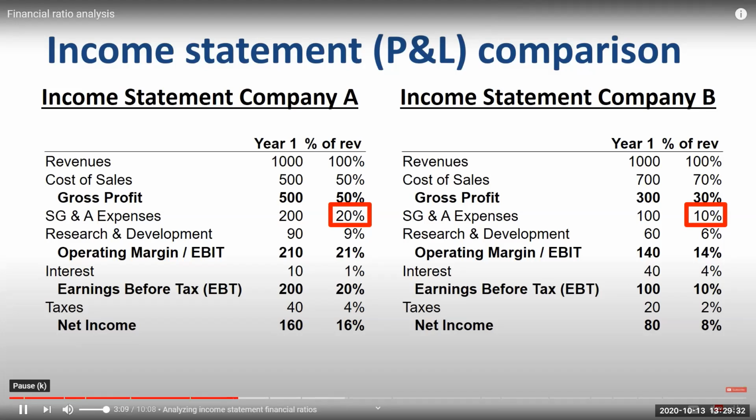Could Company A be overspending in SG&A, or is Company B underspending? Hard to say just from these numbers, but worth investigating.